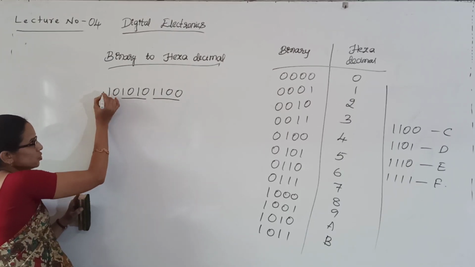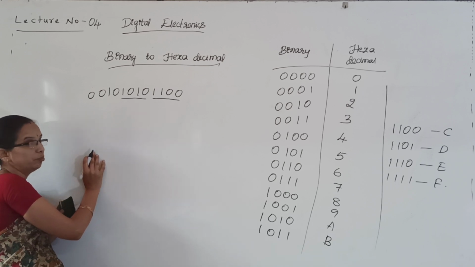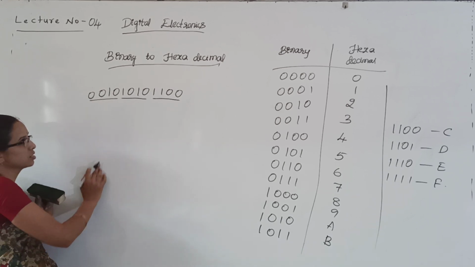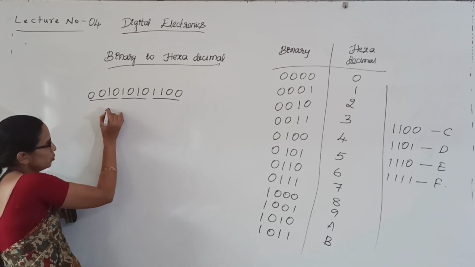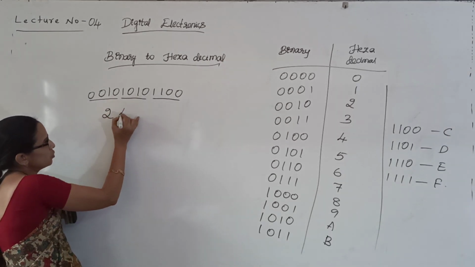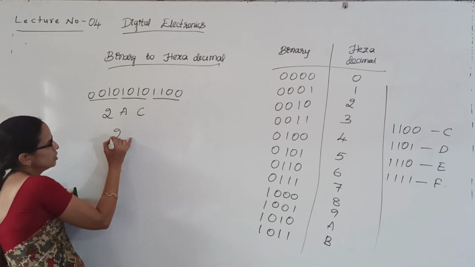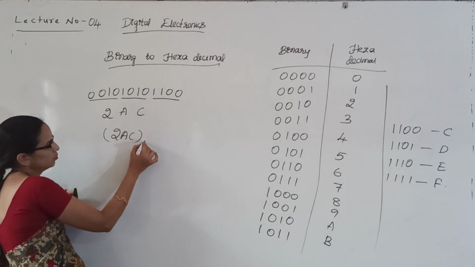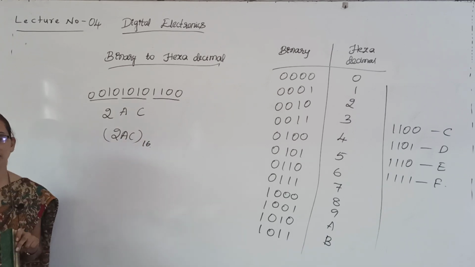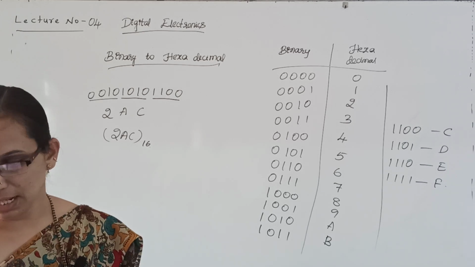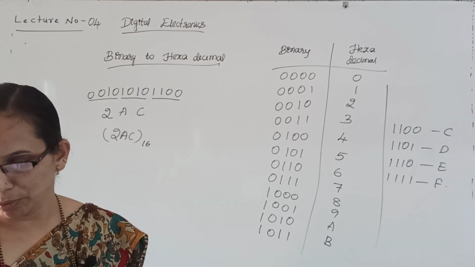If the digits are shorter, you can put zeros behind. Make it groups of 4 bits. 0010 is 2, 1010 is A, and 1100 is C. So it is 2AC in hexadecimal. It's very easy. We'll do some more problems.